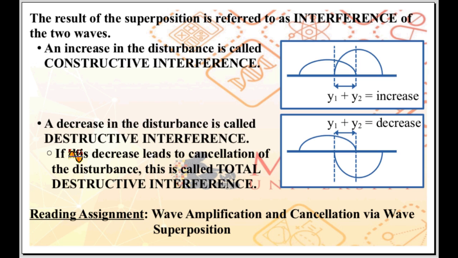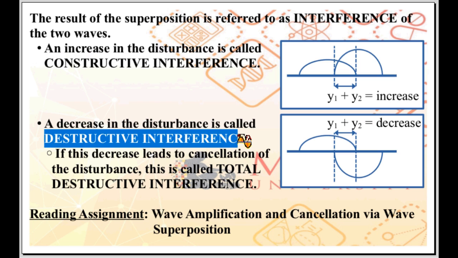On the other hand, you have destructive interference if the overlap y1 plus y2 leads to a decrease in the disturbance experienced by the medium.